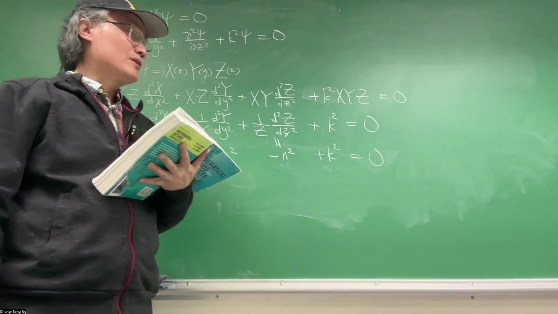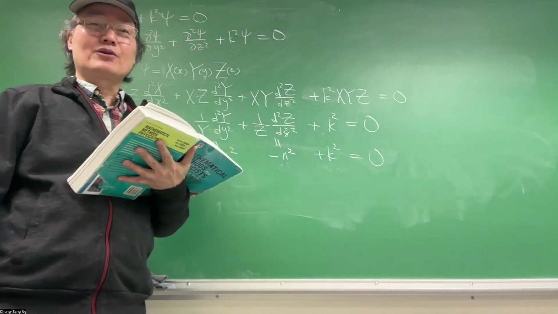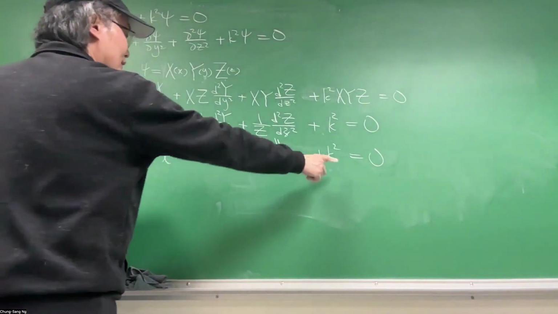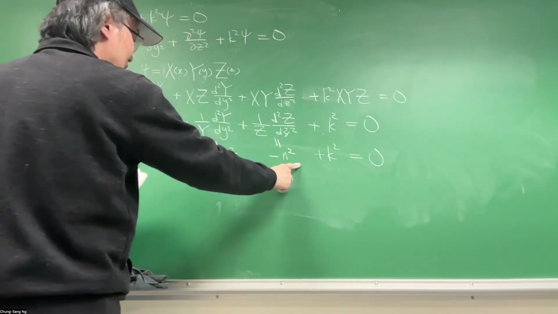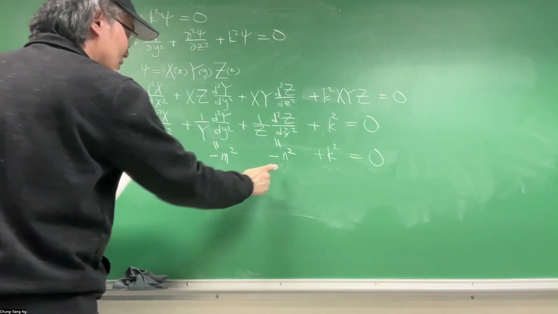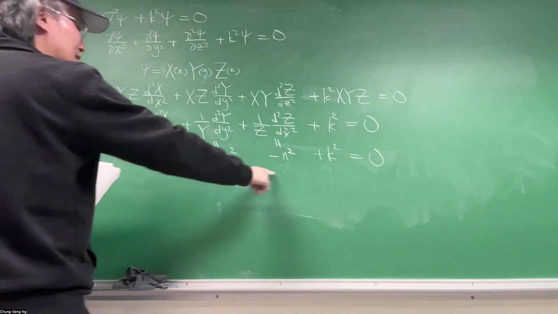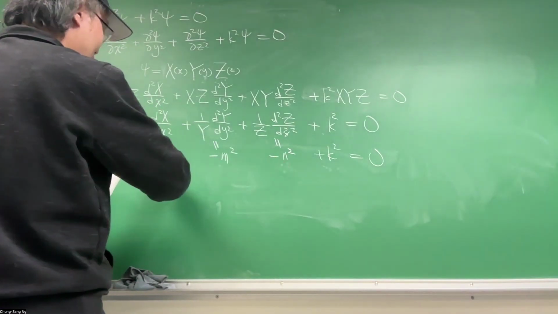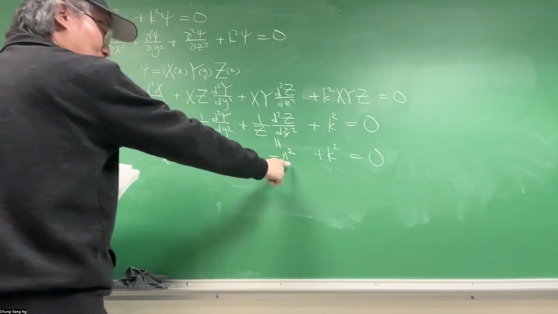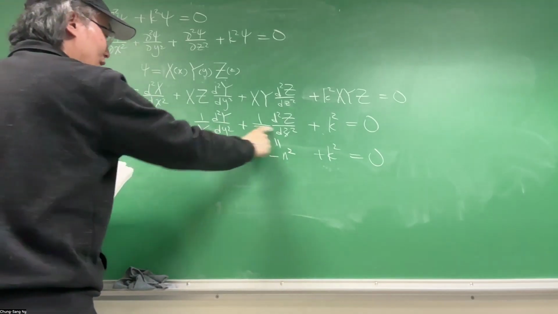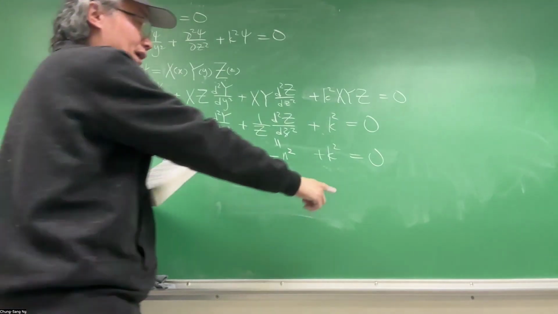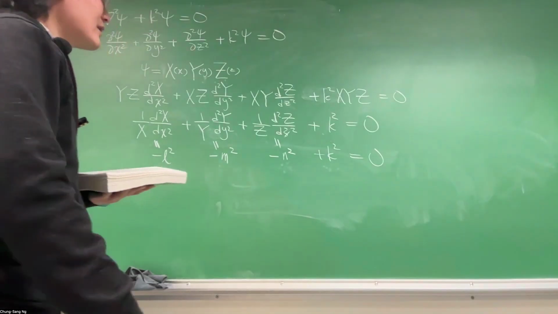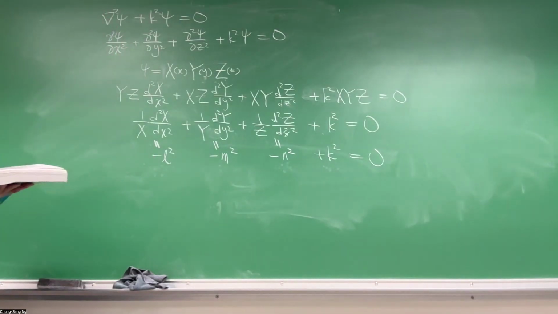It depends on the situation, on boundary conditions and all that. So it's still not totally fixed. Even if K squared is positive, as long as L squared, M squared, N squared are not all negative. If they are all negative, then all 4 terms are positive, and you cannot add to 0 unless they're all 0, and that's the trivial solution.